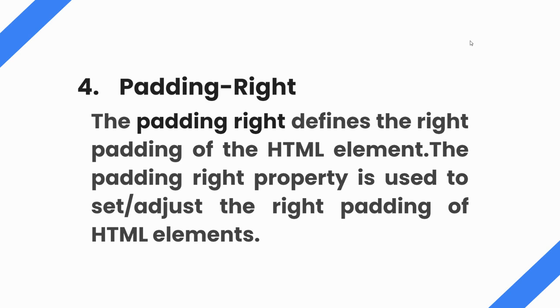And lastly we have the padding right, which is used to describe and define the right padding of the HTML element, and also to set or adjust it. So I believe now we all know how each of these properties works. Until then, just hang tight and we'll see how it plays out in VS Code.